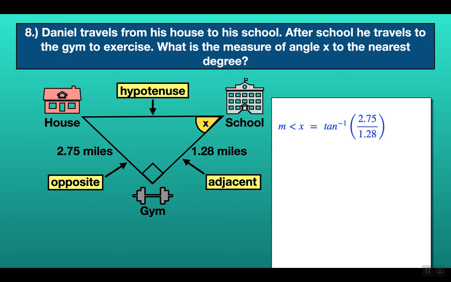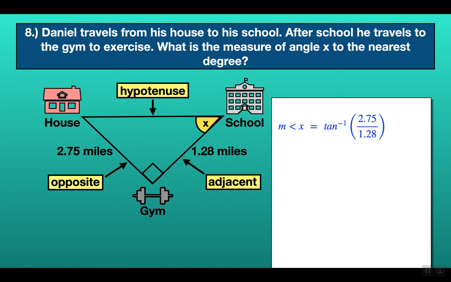Basically, you have to do what's in the parentheses first, and then hit the inverse of tangent button. Remember that to access those buttons, in most calculators, you first have to hit the second button, the button that says 2ND, which stands for the secondary function.